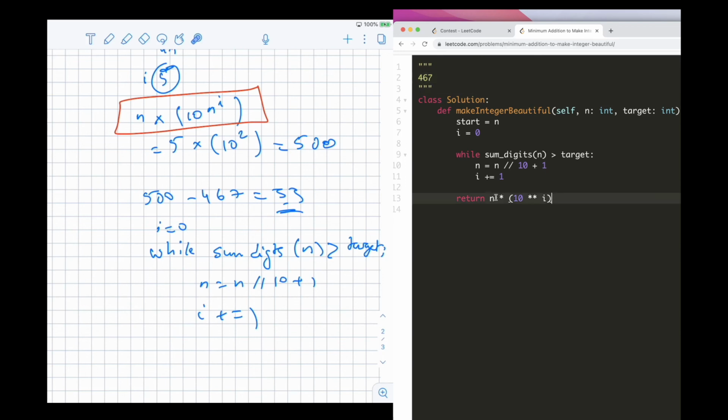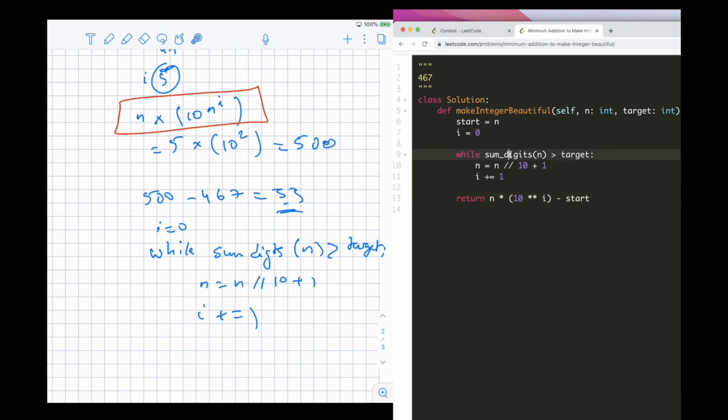And here would be 5, and this here would be 2, so 5 multiplied by 10 to the power of 2, that's 500, and then we subtract the start so that we can get the x value. So this is the beautiful number because it's smaller than target, and this is the start. Why? Because the rest is 0, 0, so it won't add anything to the sum, so smaller or equal to target is still valid, right?